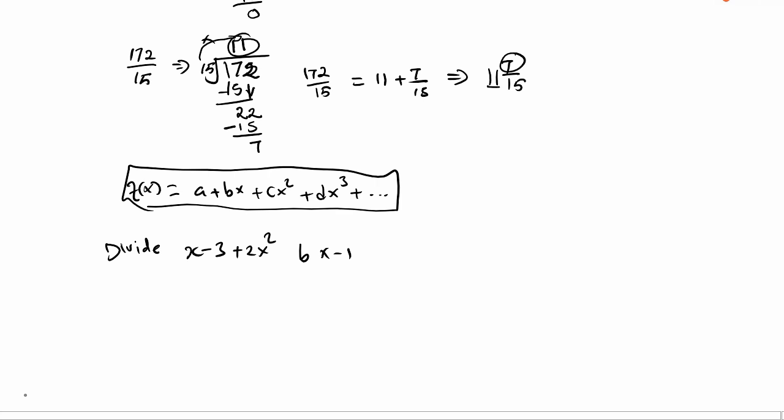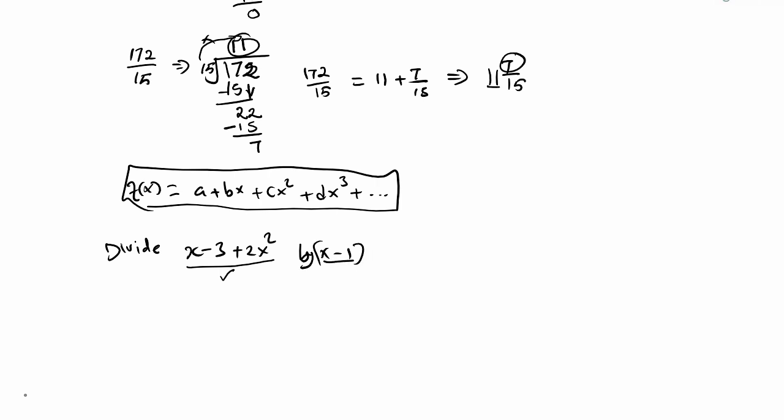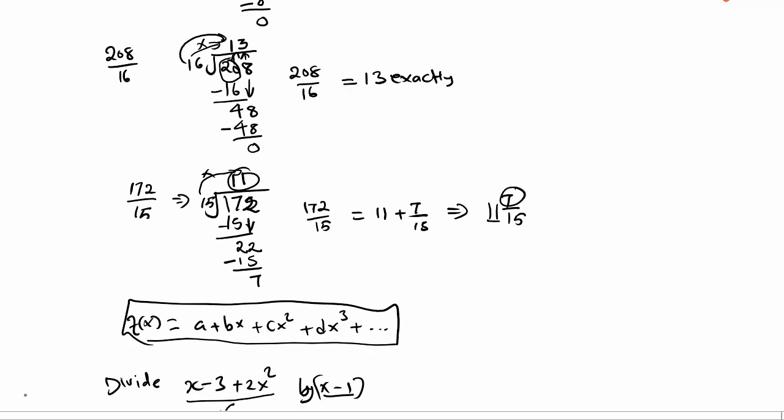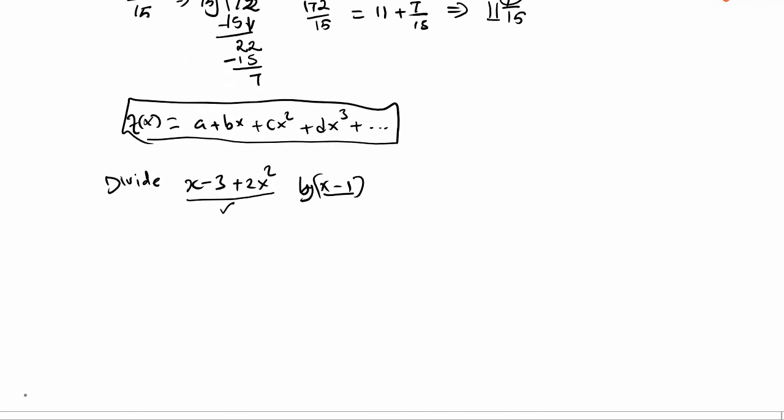In this case, x minus 3 plus 2x squared, just like we did in the other example, is going to be our dividend, and x minus 1 here is our divisor. The layout we are going to use is the layout we used previously in the 3 examples I gave up here. So we're going to use the same layout to work out this polynomial division.